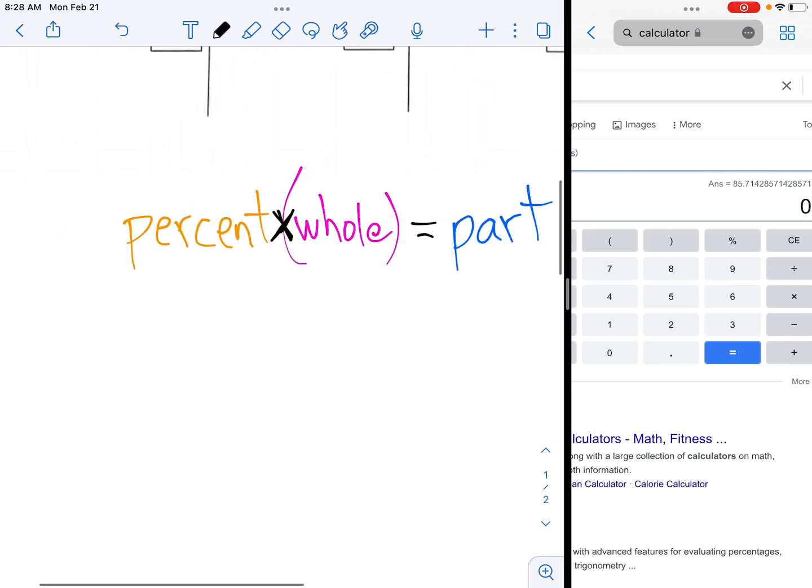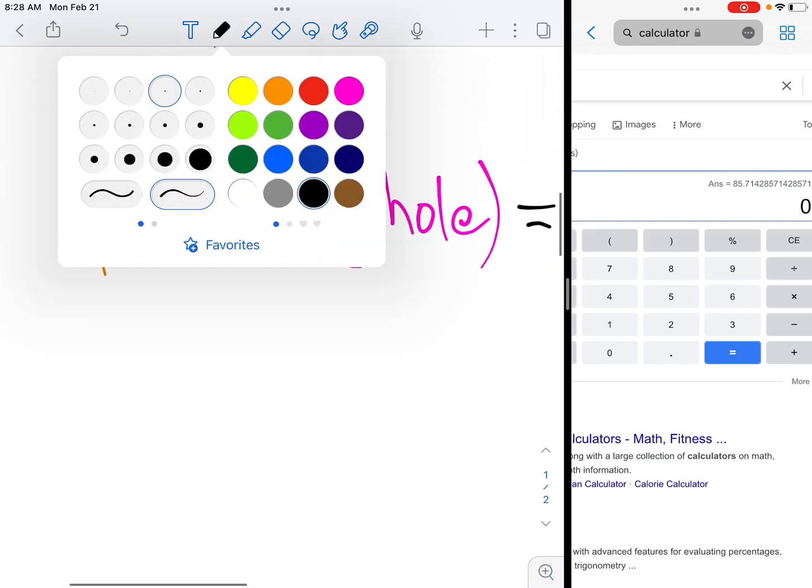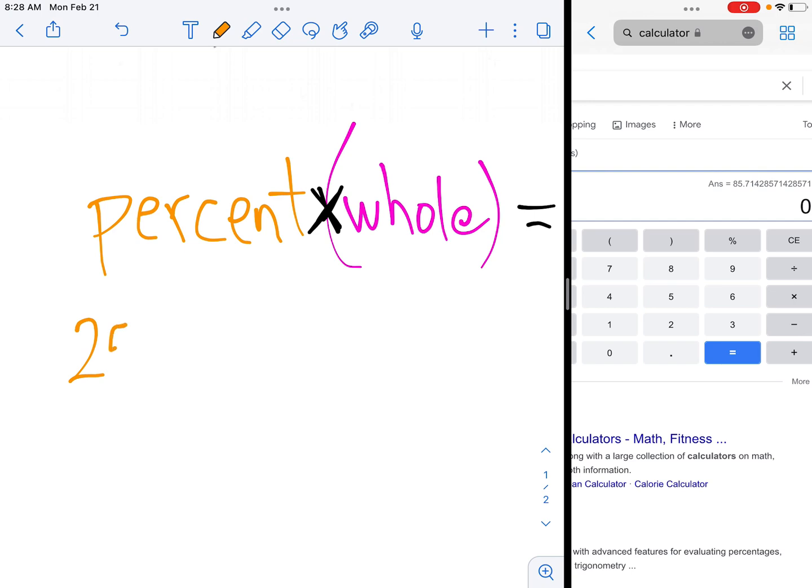But one really important thing is that we can't just use the percent. If it says something like 25%, we can't just use it as 25%. We have to convert it to a decimal. So that means writing it on top of 100 and then putting it in our calculator. 25 divided by 100.